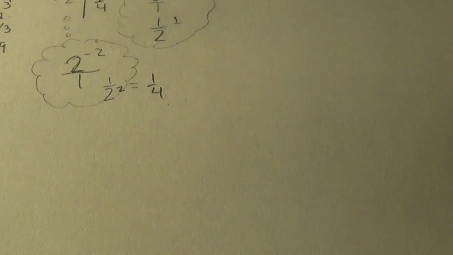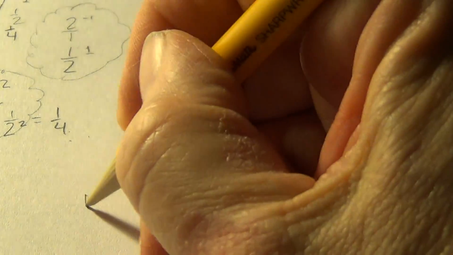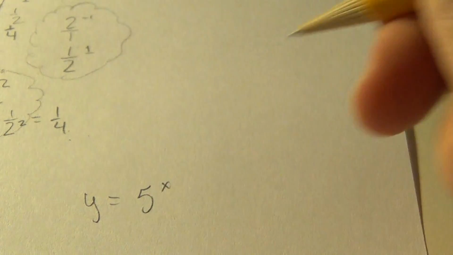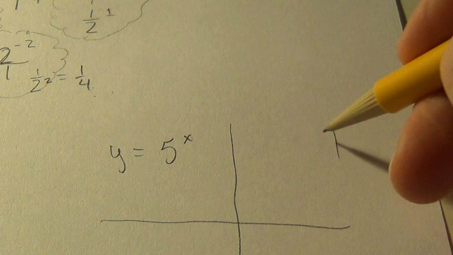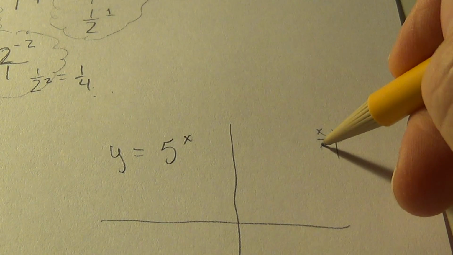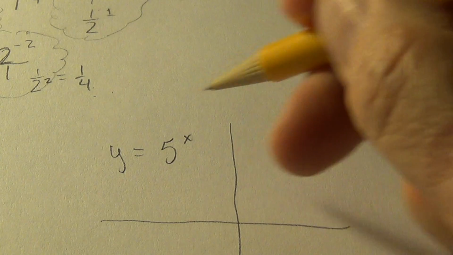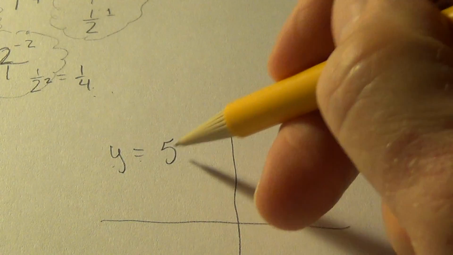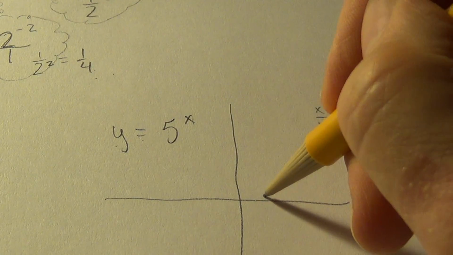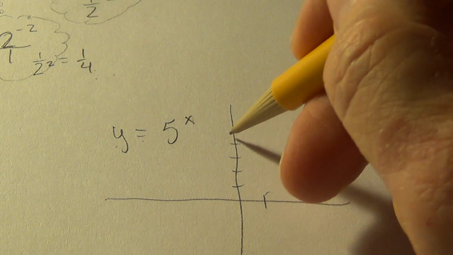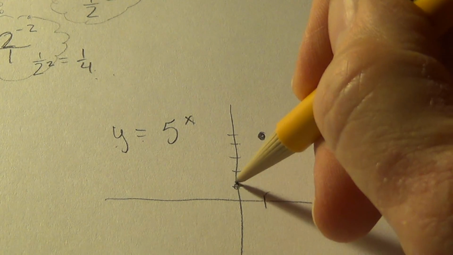So let's do another one. Let's do y equals 5 to the x. Quick method. So the chart will only have 1, and when I put a 1 in, y equals 5 to the 1, which is 5. So I go over 1 and up 5. And I know this point is on it.